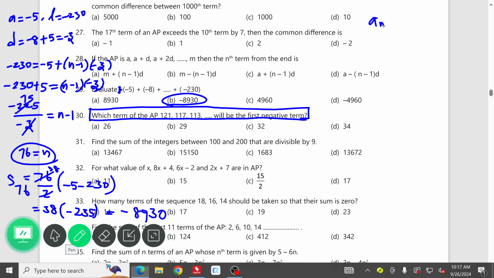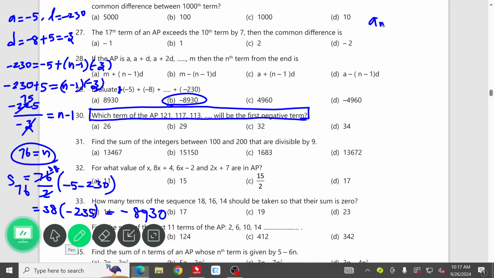So, A1, A2, then A plus n minus 1 into D less than 0. What is the A value? 121 plus n minus 1 into D value. Find D. 117 minus 121 equals minus 4. Minus 4 less than 0. Plus 121 you send opposite, n minus 1.